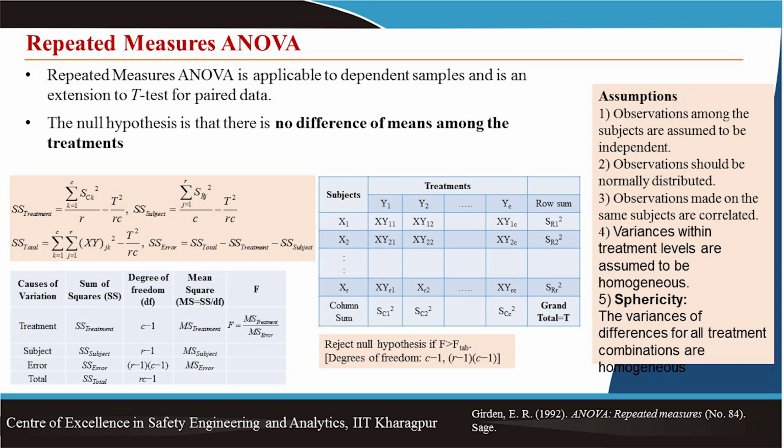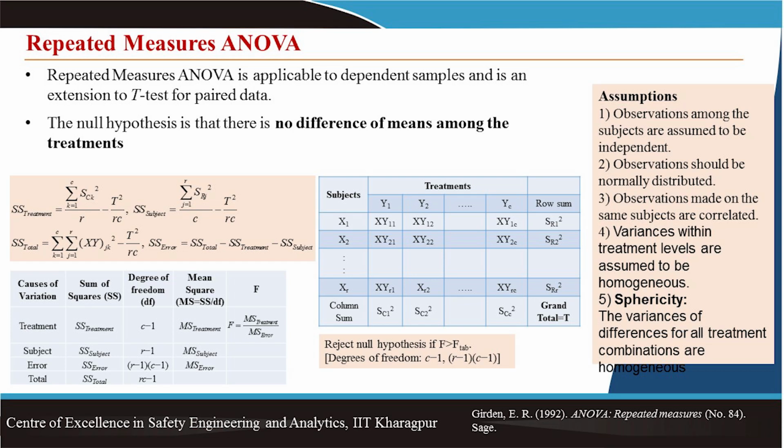So, what we want to tell you here is that this total variability in the response is actually attributed to, first, treatment, second, subject, and third, some random error.